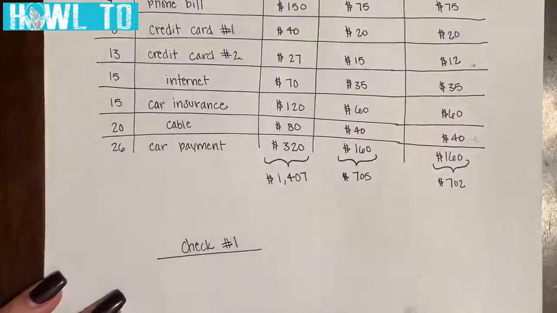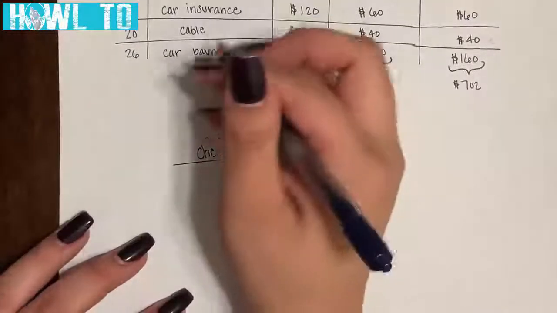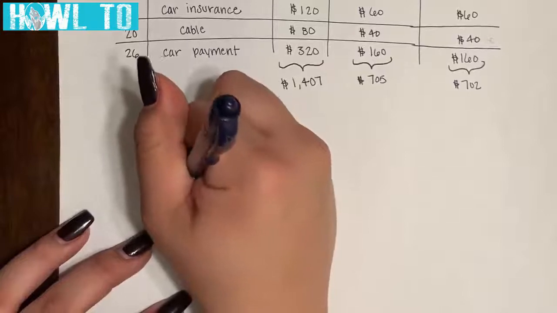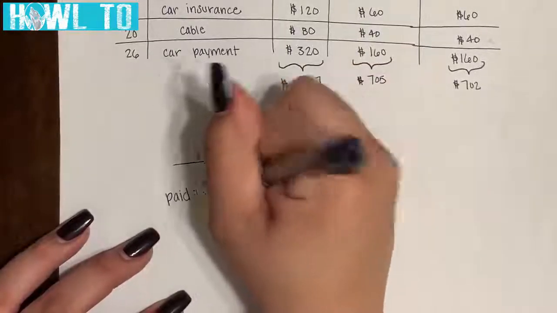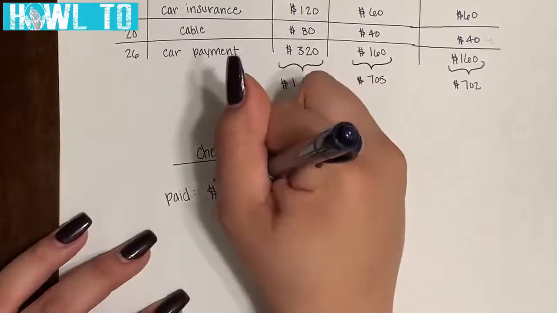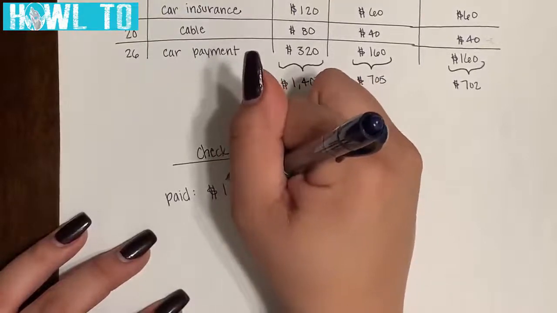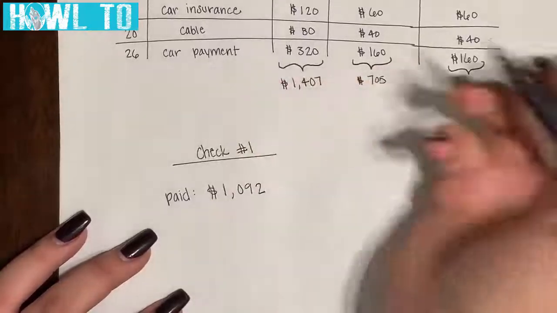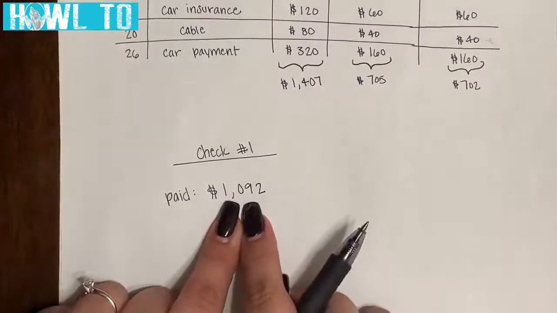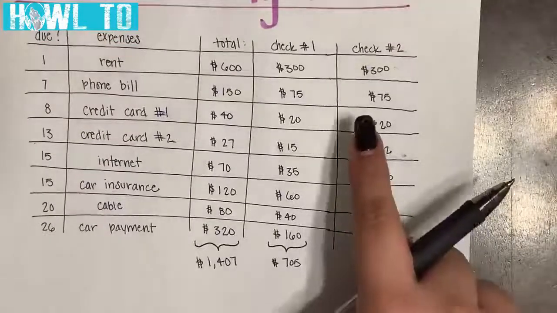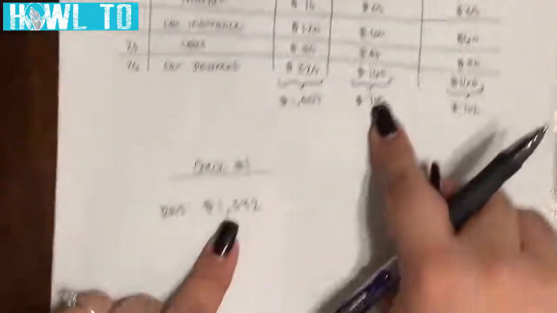So now that we have our budget laid out for us, let's pretend check number 1 that we get paid is $1,092. We're going to take that $1,092 and subtract our total from check number 1, which is $705.